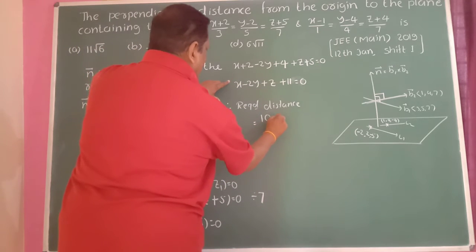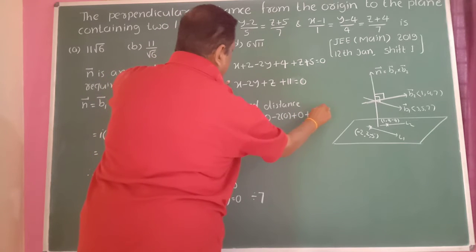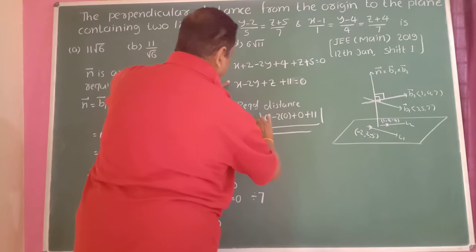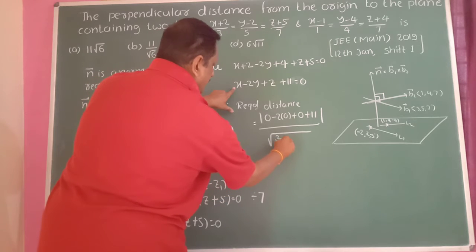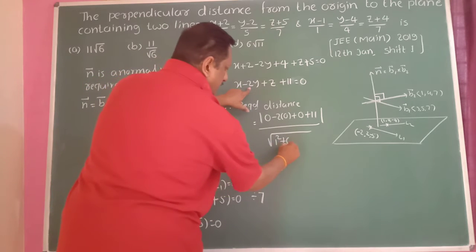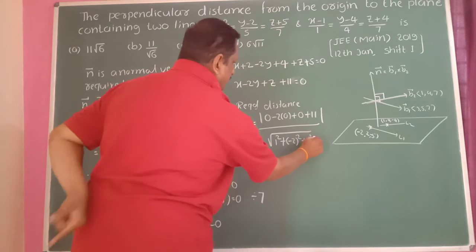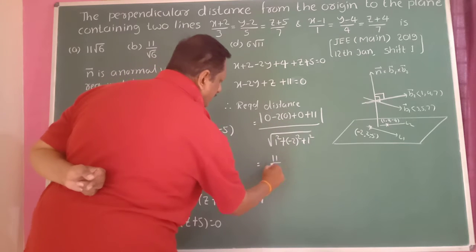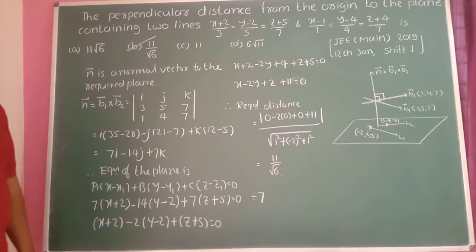So 0 minus 2 into 0 plus 0 plus 11, divided by the root of the x coefficient 1, 1 squared, plus the y coefficient minus 2, (-2) squared, plus the z coefficient 1, 1 squared. So 11 divided by root 6. So 11 by root 6 is the required distance of the plane from the origin.